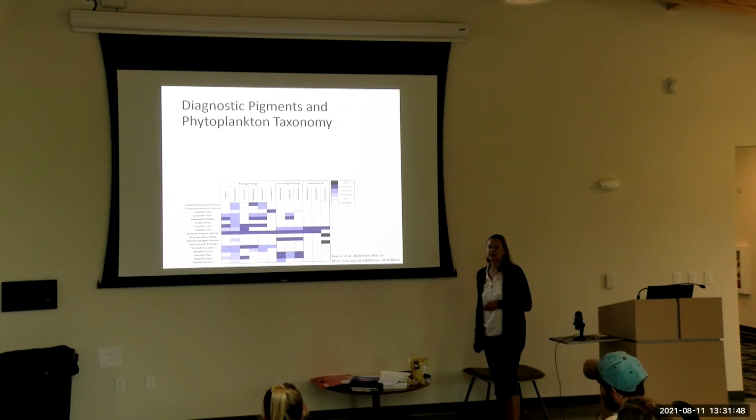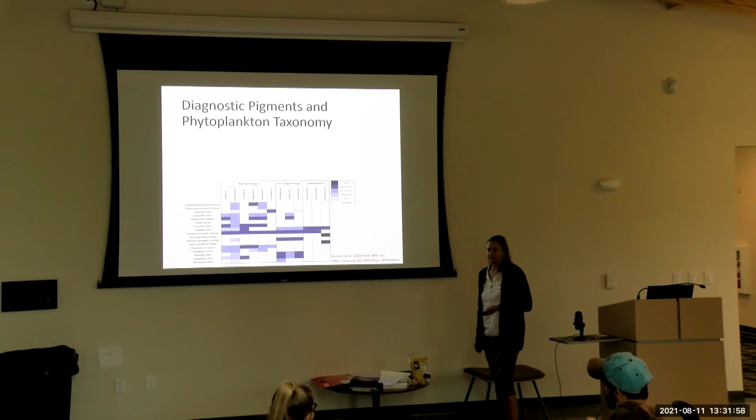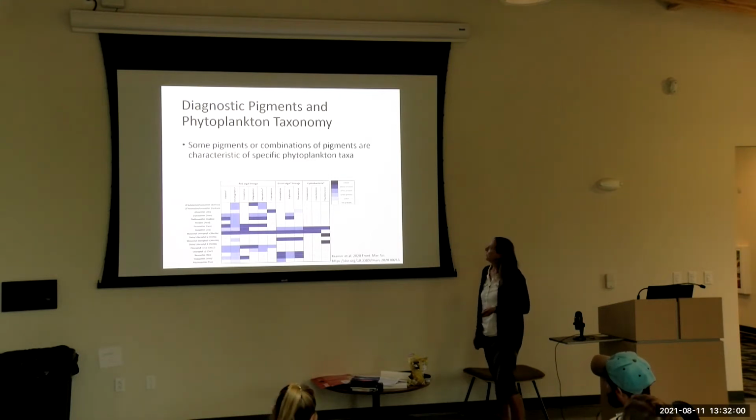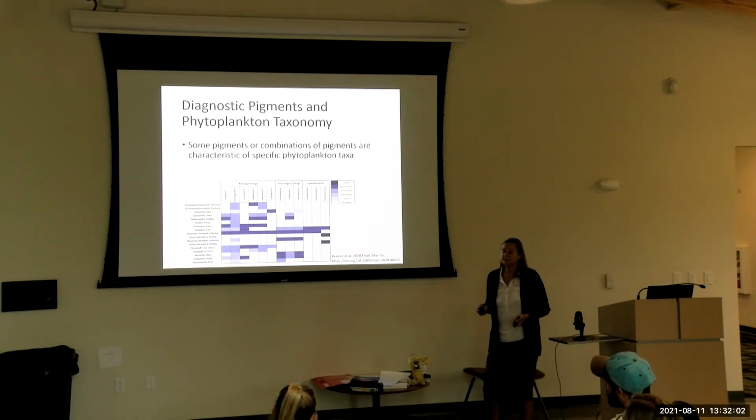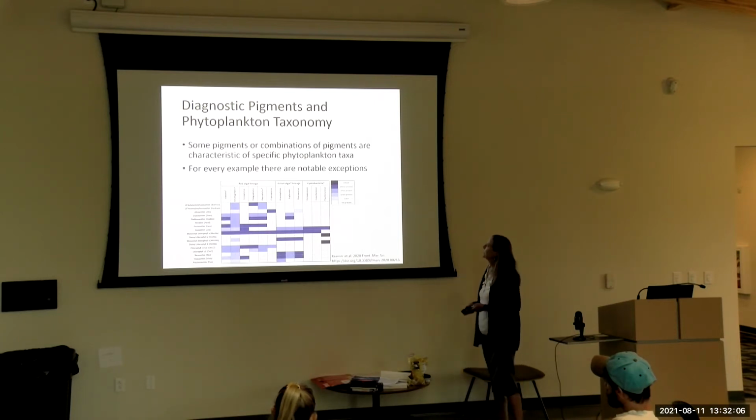That's the dark color. Which pigments are always found, which are sometimes found, which are never found, or which are not present at all. And so this is what you're dealing with. So some pigments or combination of pigments are what allow us to try to get at taxonomy. And so that's great, but for every example, there are exceptions.